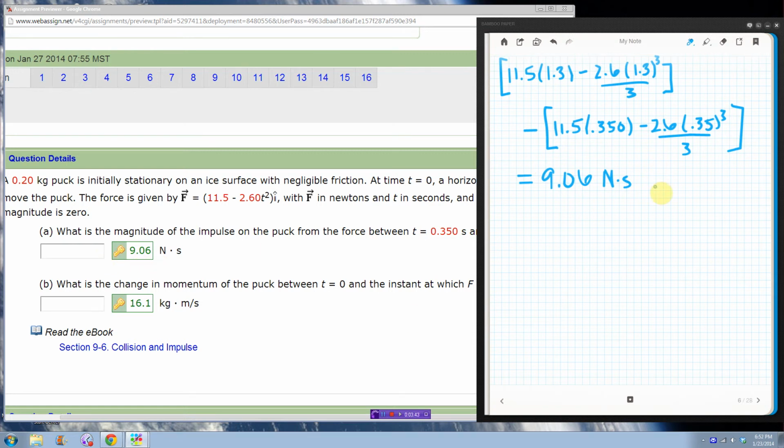If you do this and you come out with some number and you put it in and it doesn't come out right, something is probably going wrong in your calculator. I love my Texas Instruments TI-30X2S because I can type this in literally, like push the parentheses button, and it will work.